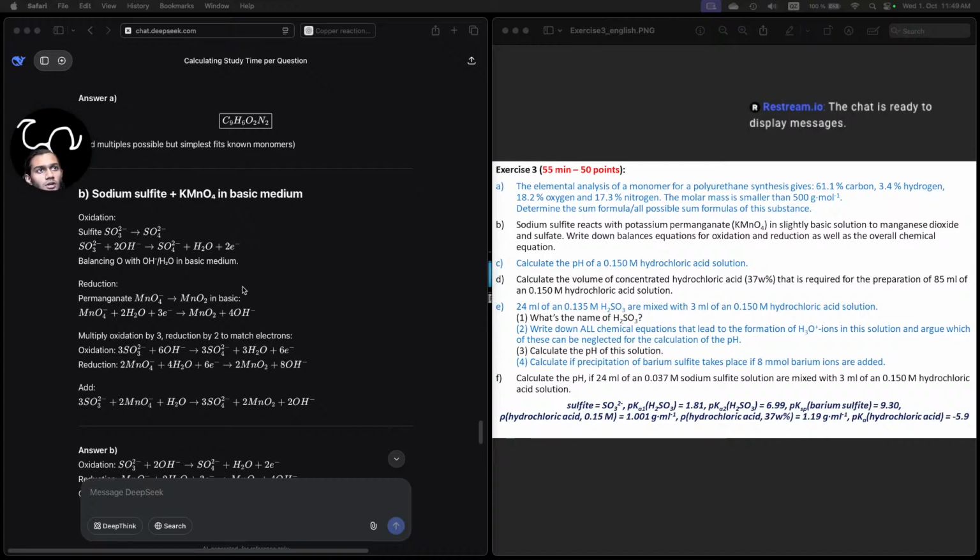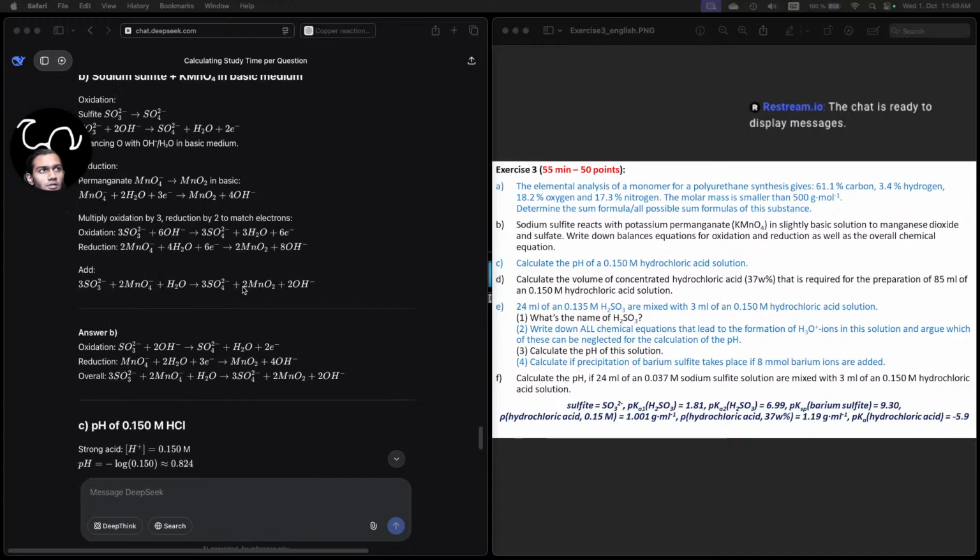Reduction. So the final equation would be 3SO3 2 minus plus 2MnO4 minus plus H2O gives 3SO4 2 minus plus 2MnO2 plus 2OH minus.